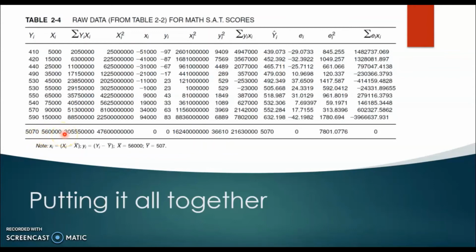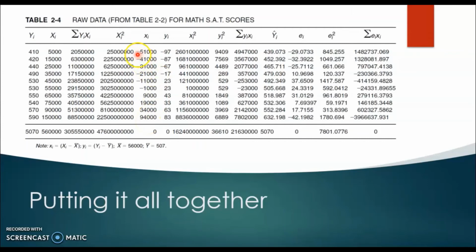We have 10 observations, so 560,000 over 10 is equal to 56,000, and it refers to dollars. So it's $56,000. So x, small letter x here, refers to the deviation of income from its mean value from the first observation until the last observation.